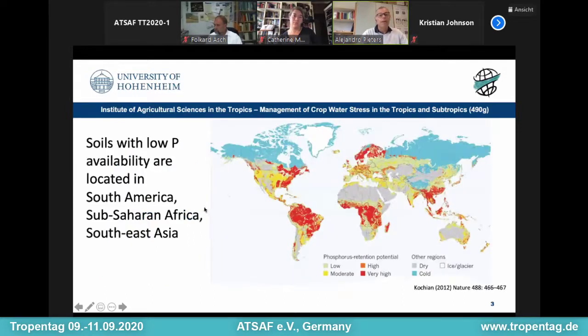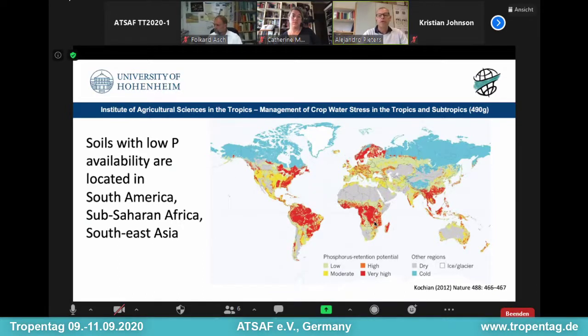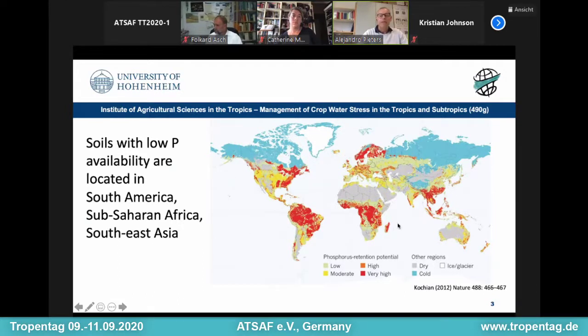On top of that, soils with low phosphorus availability are mainly located in South America, Sub-Saharan Africa, and Southeast Asia, where farmers with low income are high in numbers. So obviously that creates the need to develop a strategy to breed for phosphorus efficient rice.